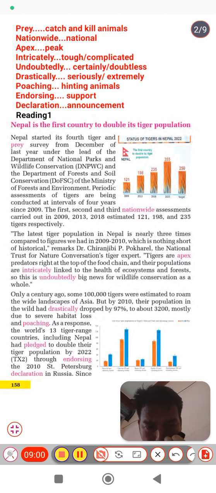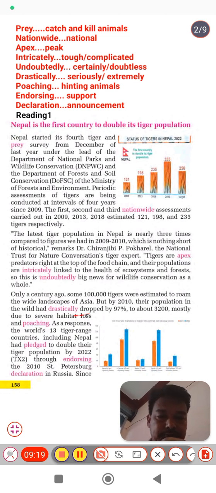So, only a century ago, it was estimated, students, that there were 1 lakh tigers roaming around the Asian continent and landscape.